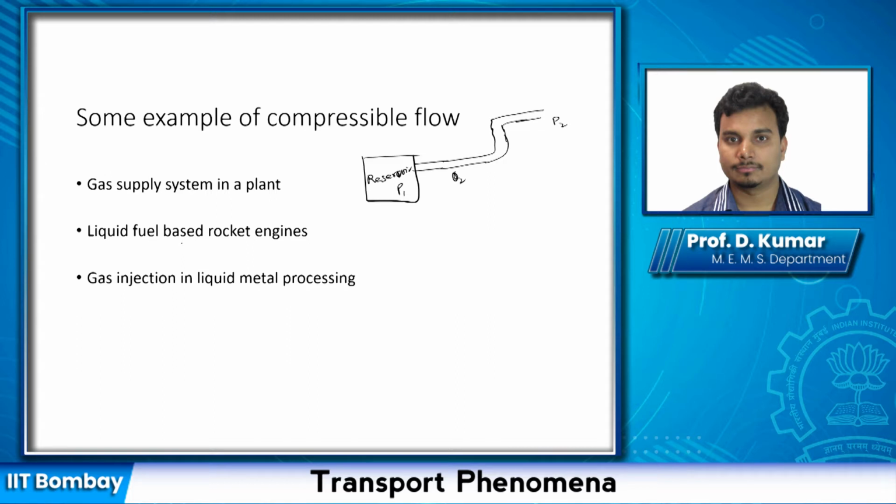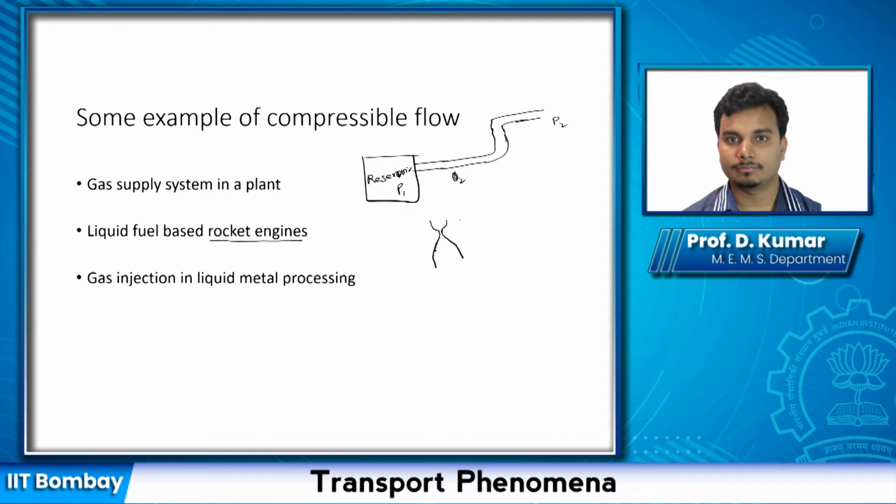As I said, there could be rocket engines. This is very prominent. You have a burner, and you have a section where you have combustion happening, a combustion area, and then you take those flue gases, the combustion gases, and pass them through a nozzle like this, and then you expand them. That is how your rocket looks.